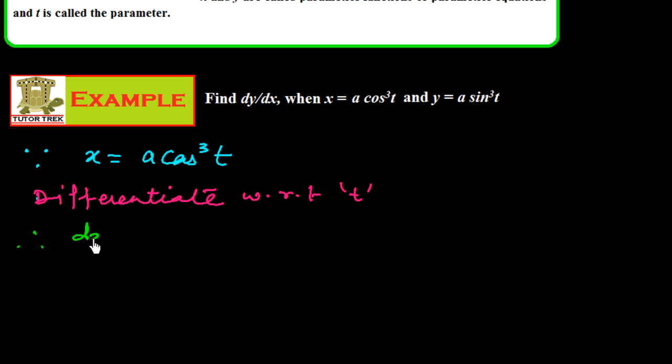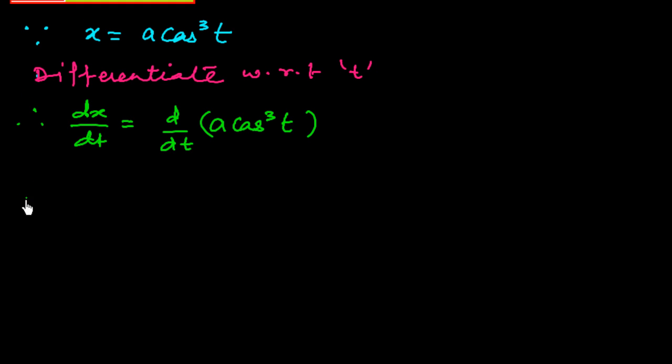Therefore dx over dt is equal to d over dt of a cos cube t. a is the coefficient of cos cube t, so we take it outside and write d over dt of cos cube t.